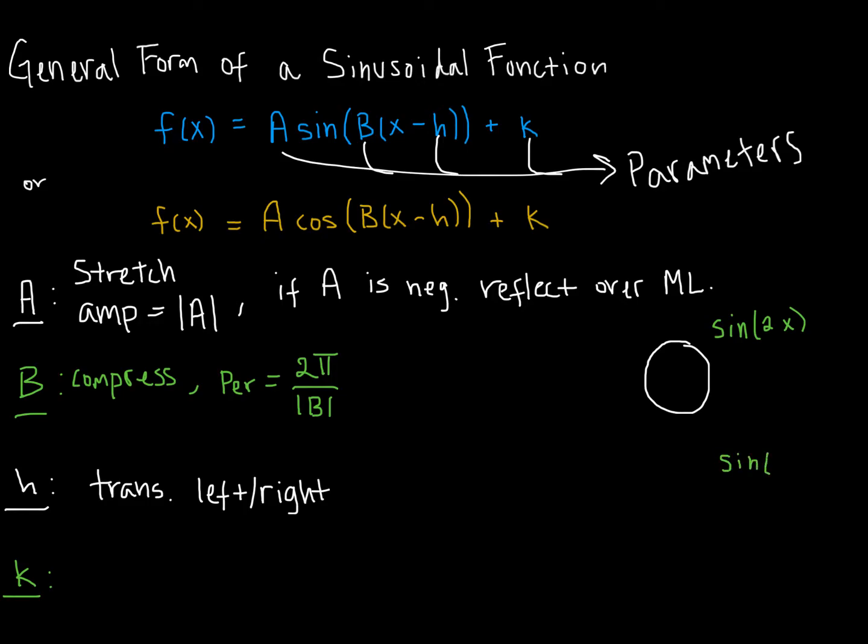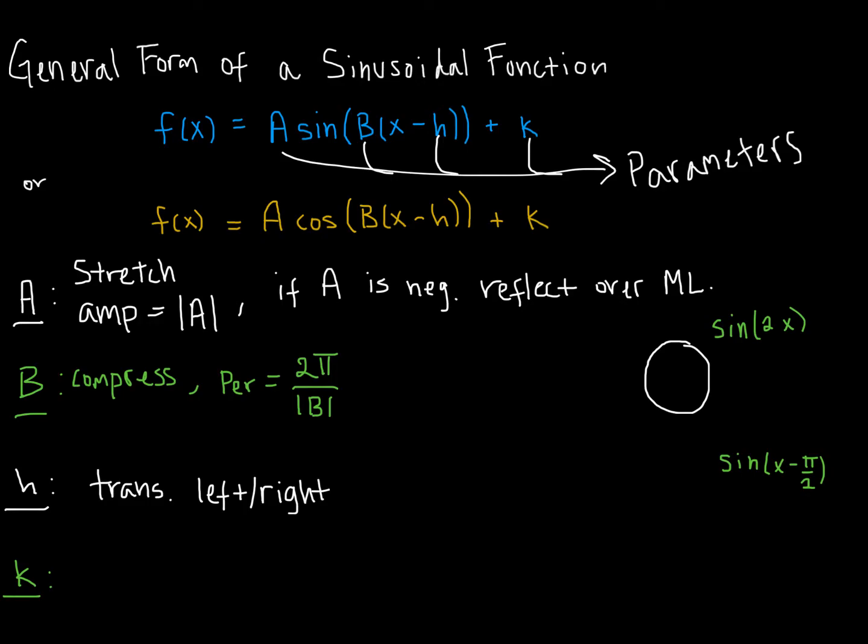Imagine you had sine of x minus pi over 2. So here my h value is positive. It is positive pi over 2. So I'm subtracting away the positive h value. And notice what this does. When x is 0, instead of being at 0 radians, we're subtracting pi over 2. It cycles me back to this point over here at negative pi over 2.